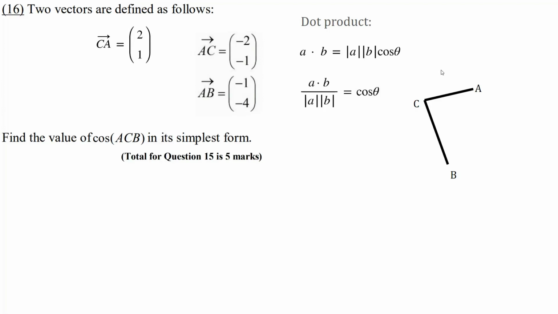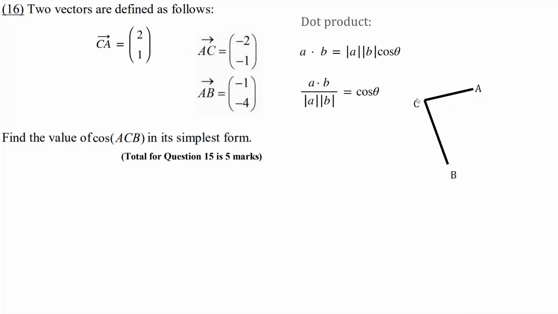A different way to think about that is, if we're going from A to C, we're going 2 left and 1 down. And if we want to go from C to A, we'll go 2 right and 1 up. It's opposite. Now, from C to B, we worked out coordinates for this. This was -1, -4, and this was -2, -1, and then A was 0, 0.